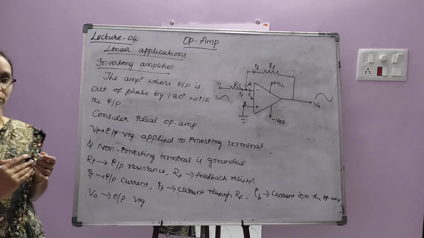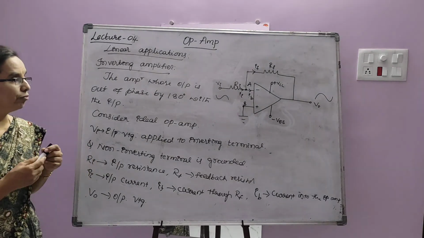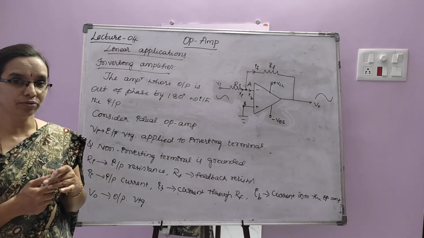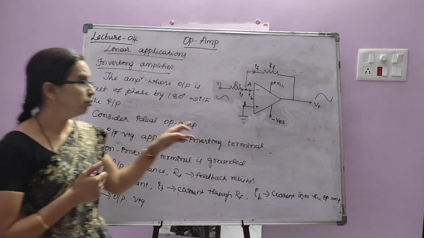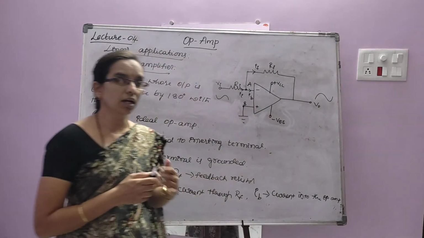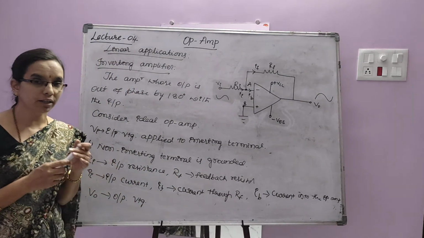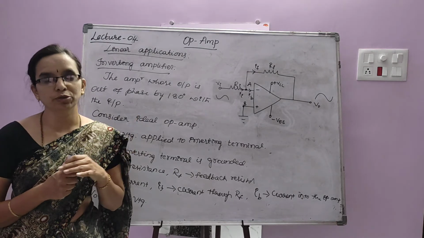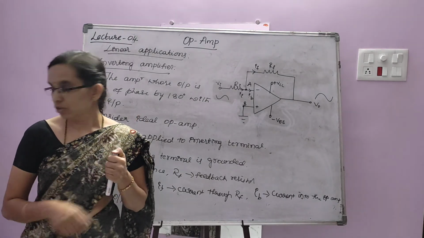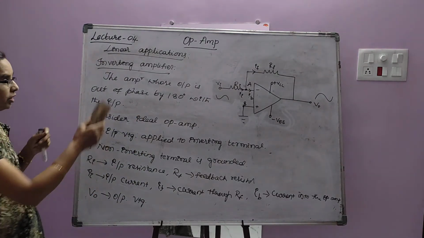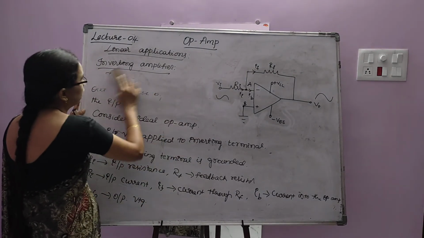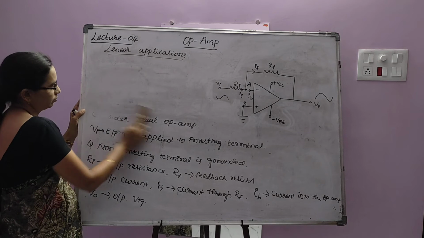So this is the circuit explanation. Now we will find the expression for gain. Since this is an inverting amplifier, it will produce an out of phase signal at the output, but an amplified version. So amplification is taking place, then there should be some gain. We will derive the expression for gain. You have to write all these things. I will explain in the inverting amplifier.